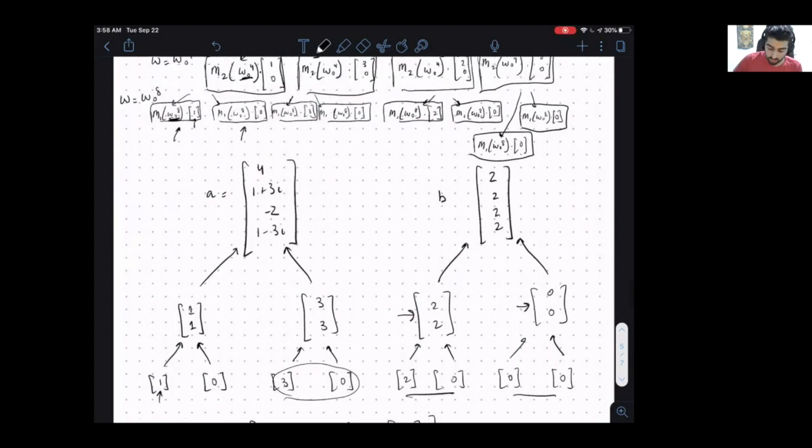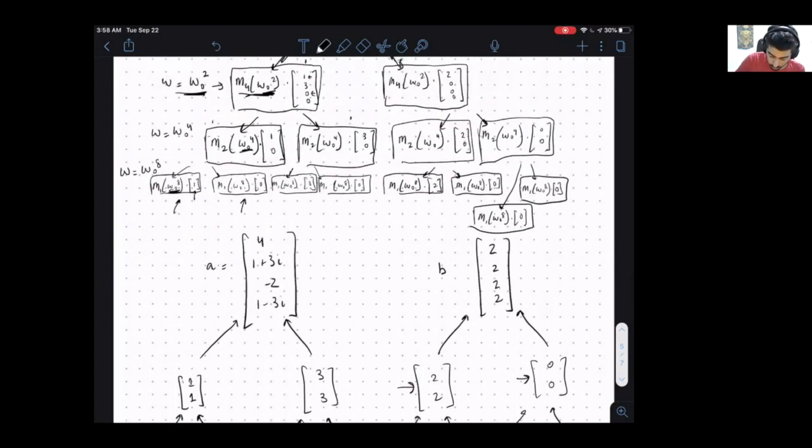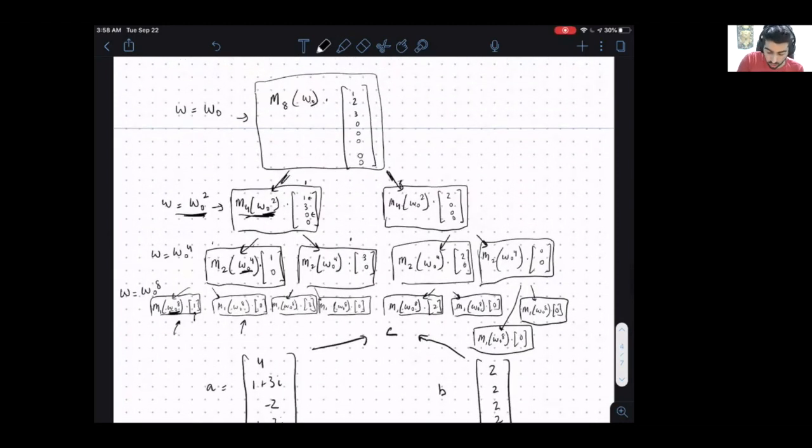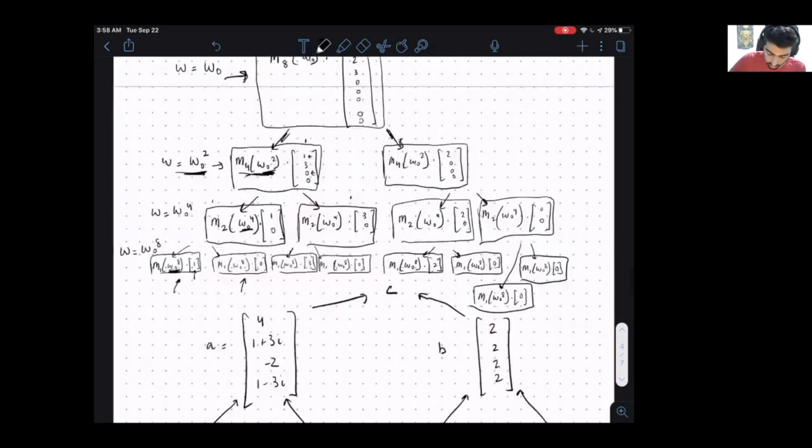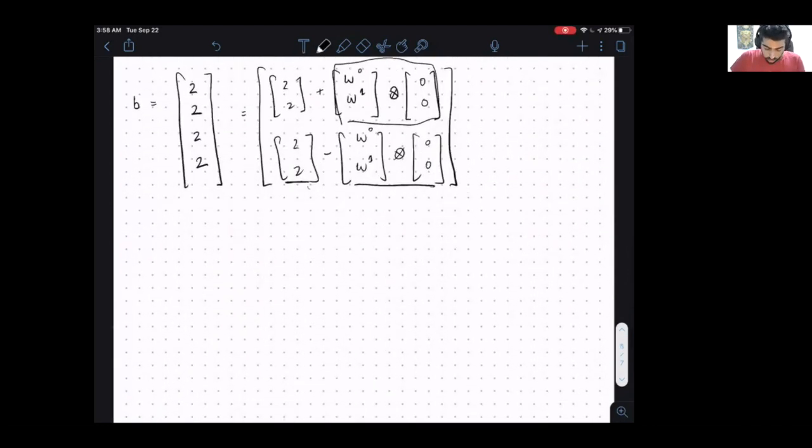So now we just have to combine these 2 subproblems. I'll call the combined subproblem C. And the combined subproblem C is actually going to be our original matrix computation that we wanted to do in the first place, which is M8 of omega naught times the entire vector of coefficients that we're using. Okay, so we know that C is going to be an 8-dimensional vector.